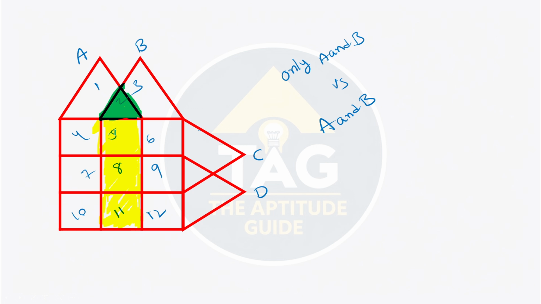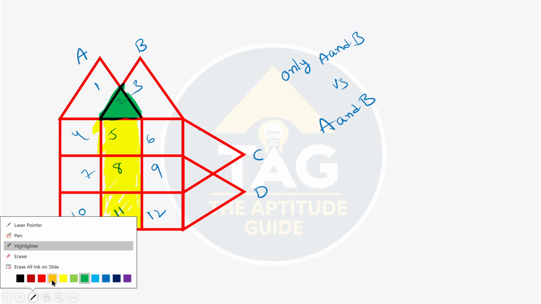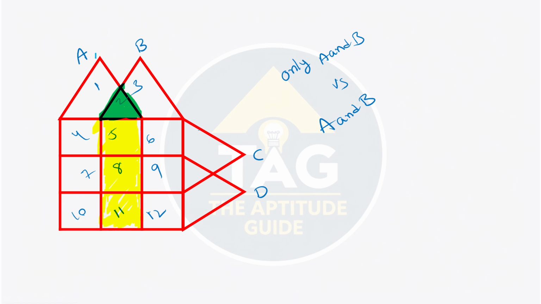Same is the case with three sets. If it's A, B, and C, the common area for A, B, as well as C is this.